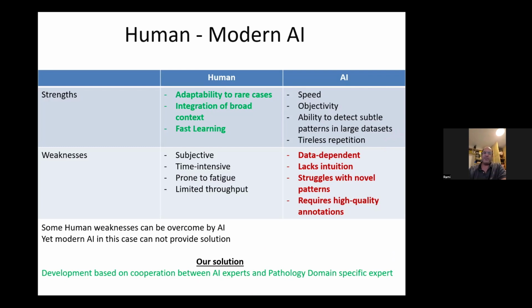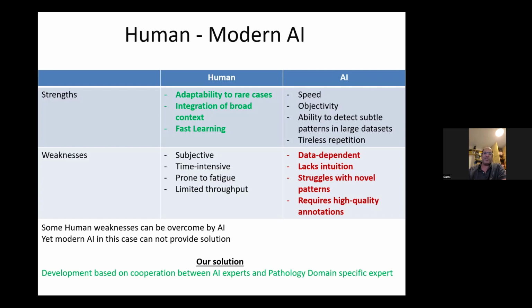Then when you think about the main weaknesses of human analysis, it is subjective, time intensive, prone to fatigue, and has very limited throughput. This can all be overcome by algorithms. So this is the good news. If you succeed in building an algorithm that can actually overcome the main human weaknesses, then you will have something powerful.